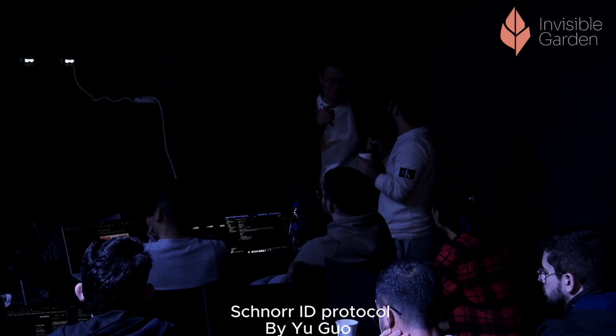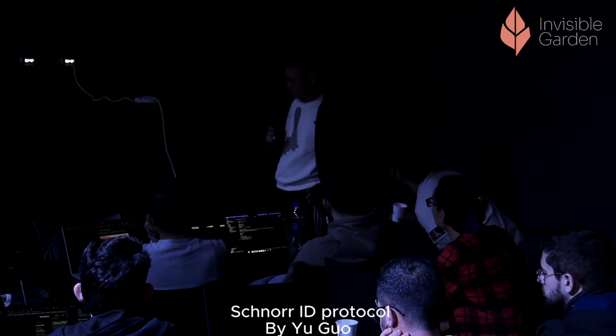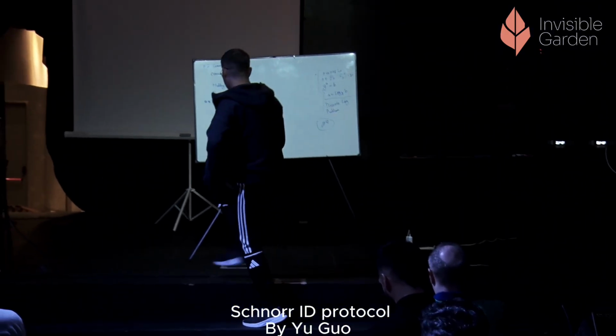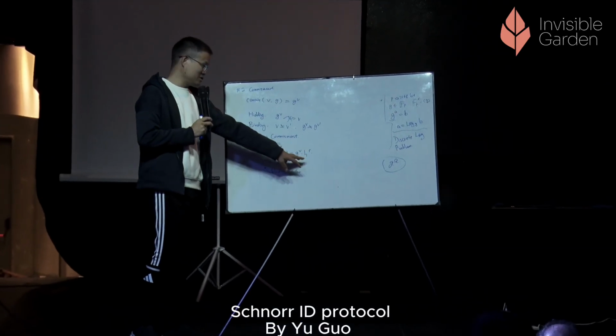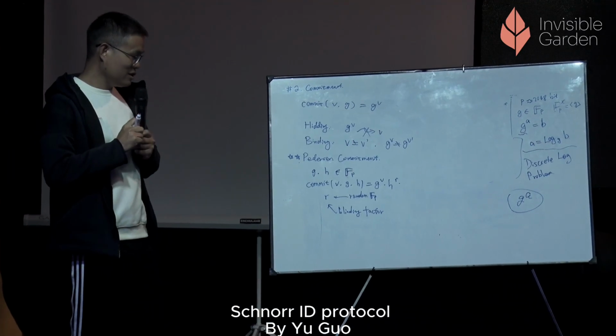Okay, good. The second approach means that the people who want to commit V should do more computation, right? Because there are two exponential operations.